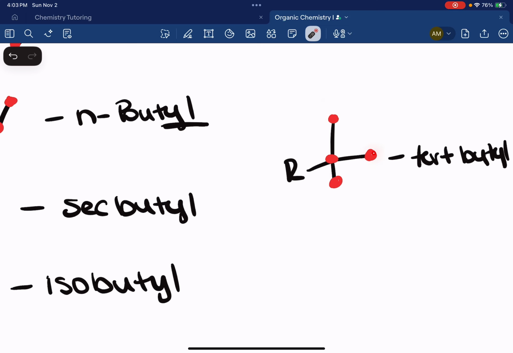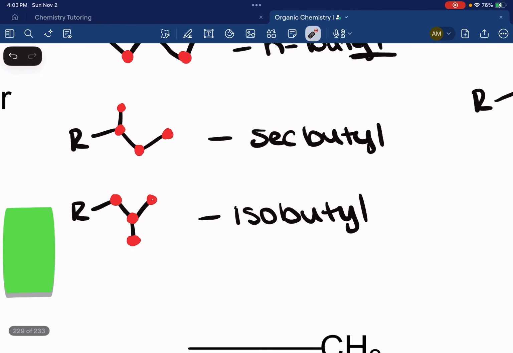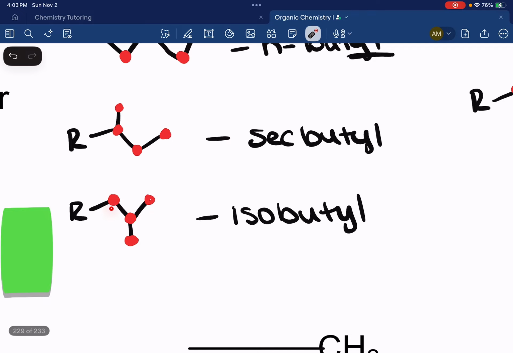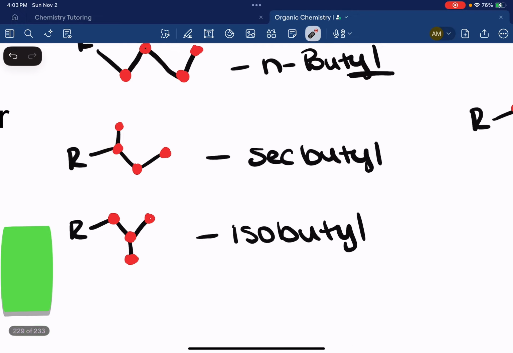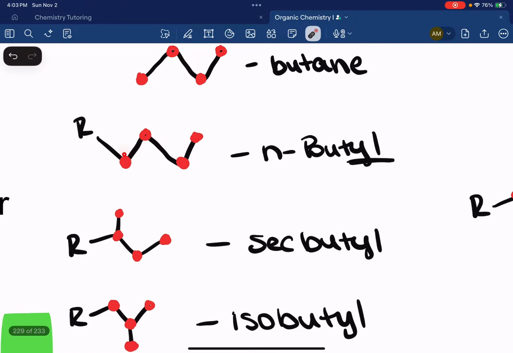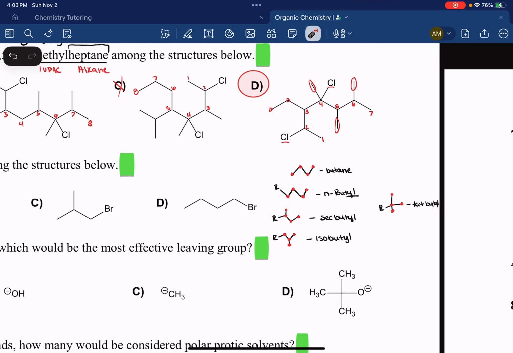You know, like the little toes. Looks like chicken feet connected to the R group. So isobutyl is a weird guy, shaped like a Y. Sec-butyl is intersecting the 4. And n-butyl is literally just a chain attached to an R group.